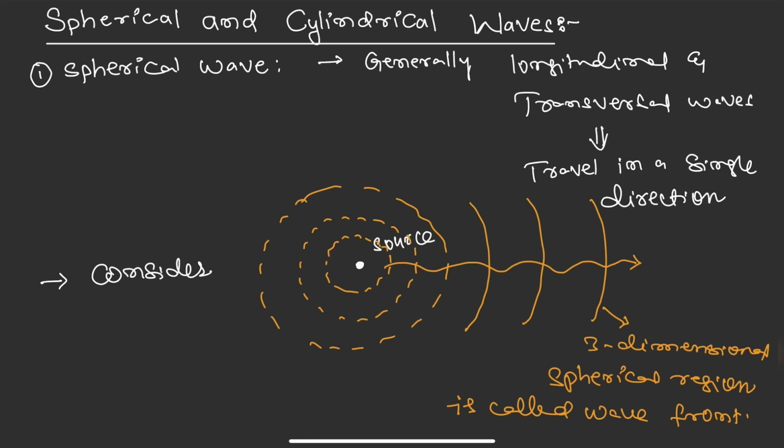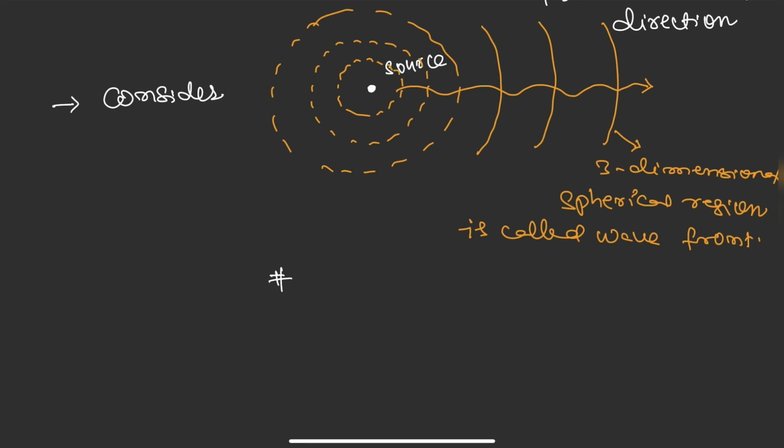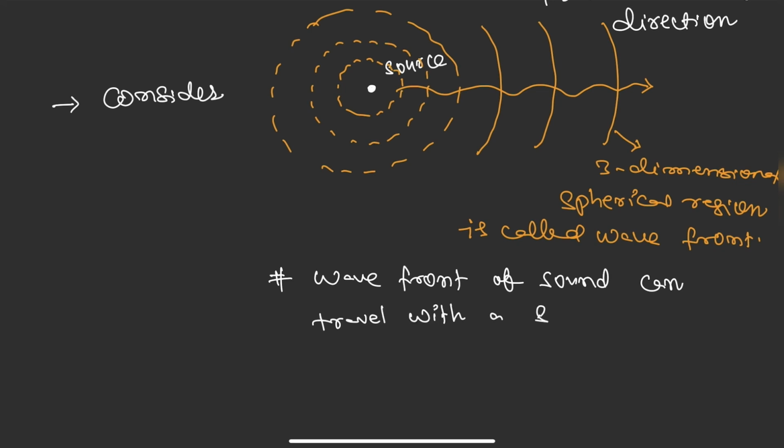The wave front of sound can travel with the speed of sound, which is 332 or 333 meters per second, as we can consider.